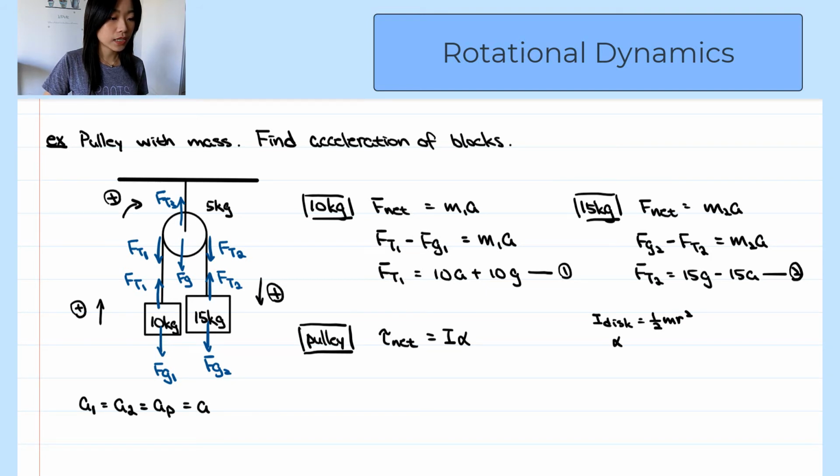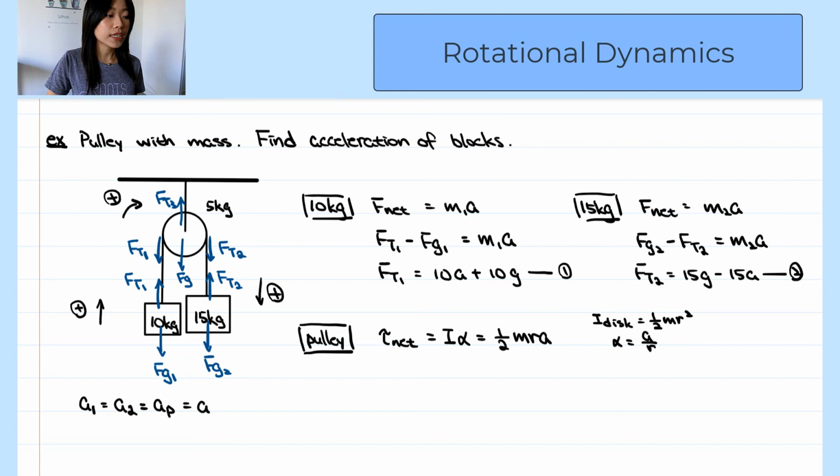And angular acceleration is the tangential acceleration over r. So if we substitute this into this equation, net torque equals half times mass times the radius times tangential acceleration. And since the gravity force and the third tension force are acting on the axis of rotation, they will not contribute to the net torque.